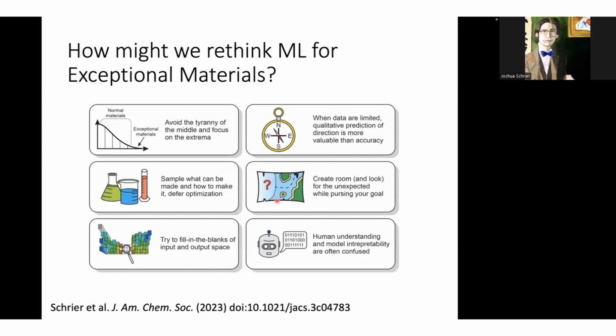I don't think we have answers for any of these, but we tried to think about what might be paths towards machine learning for exceptional materials, and what's been done within these paths, like what we can gather as the state of the field, often drawing on very disparate things, from evolutionary methods to game playing and so on. These were our rough directions.